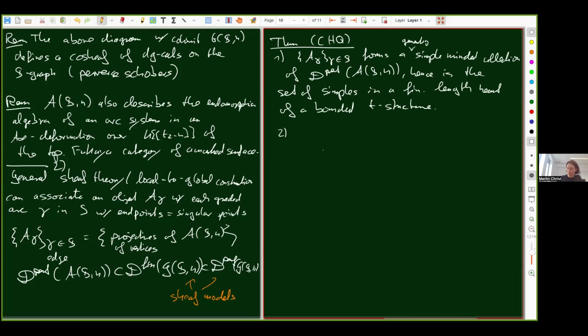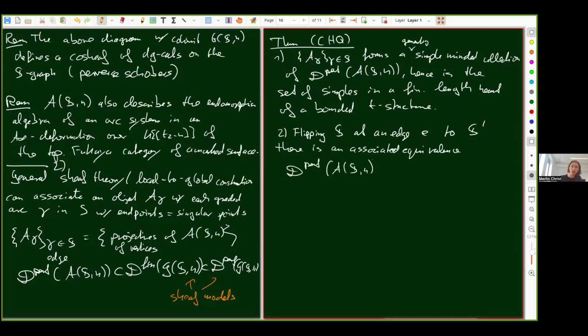And then what happens if you change the S graph? So flipping the S graph at an edge E to a new S graph S prime, there's an associated equivalence from D perf of A S n to D perf of A S prime n.